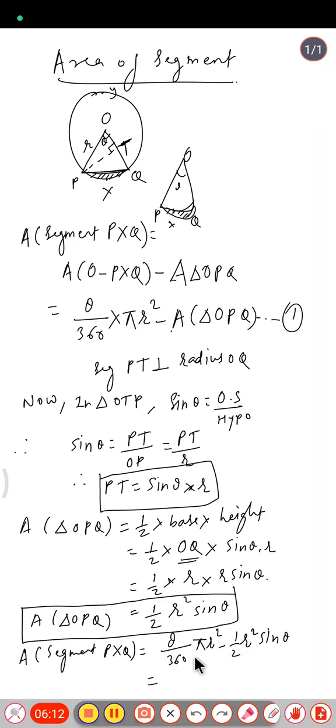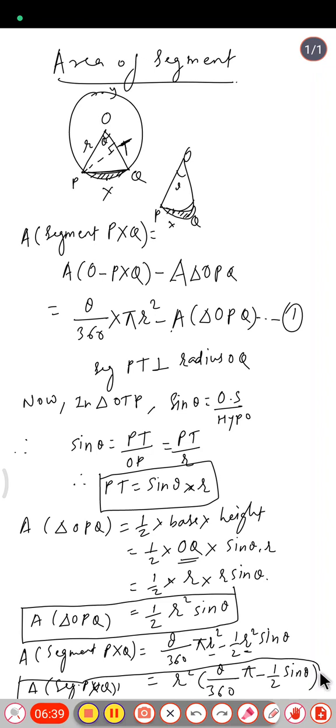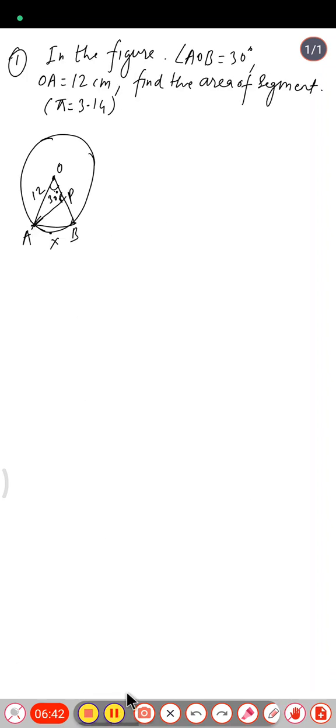We take r square common, so remaining is r square into theta upon 360 pi minus 1 upon 2 sin theta. Clear? That is the area of segment PXQ. In this way we have to find out the subsequent questions and answers.